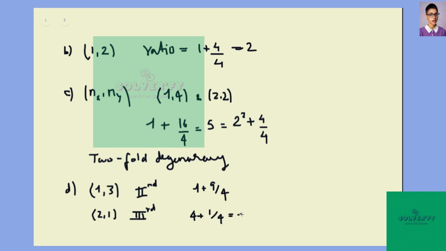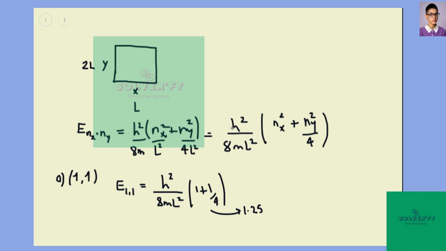This is 4.25 and this is 3.25. So the difference between the two is simply 1. Because we require the energy in terms of the multiple of h square over 8mL square, the multiple is just 1.